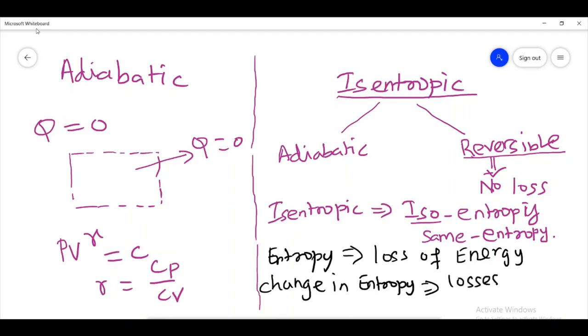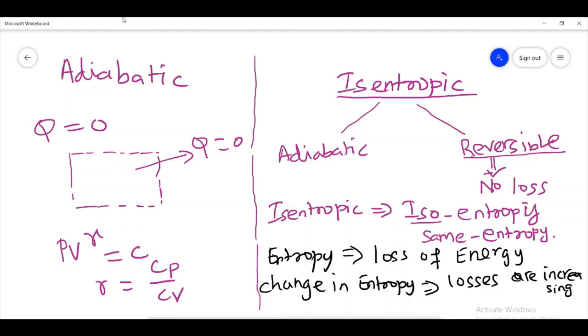According to the second law of thermodynamics, losses will never decrease. That is why losses are always increasing, and that is what we call a change in entropy or increase in entropy. This is what we need to understand from the isentropic process.